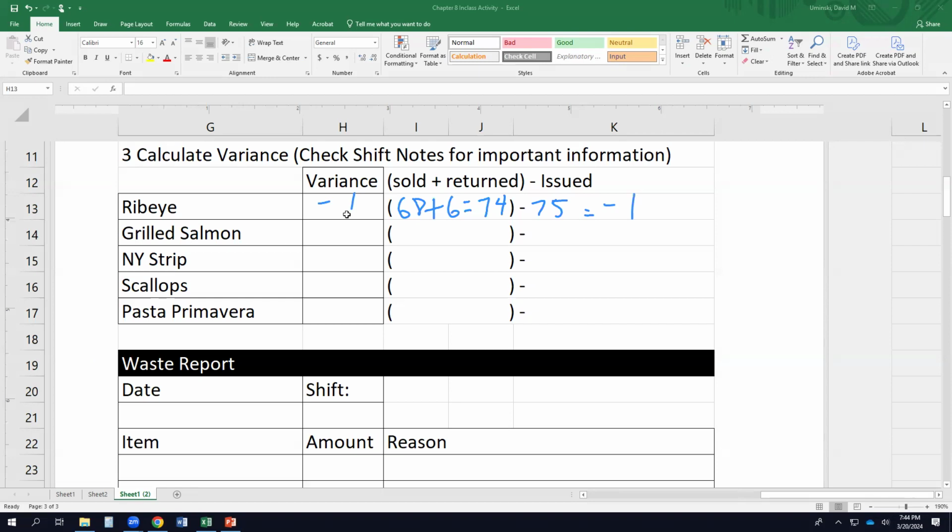One of the cooks got hungry. Maybe the cook dropped it on the floor and did not write it in the shift notes. Okay. Maybe it was a refire. Maybe we got the first one wrong for a guest, and then the server had to remake it, but they did not ring it into the computer, right? If they had rung it into the computer, then it would have shown that we sold 69 ribeyes.